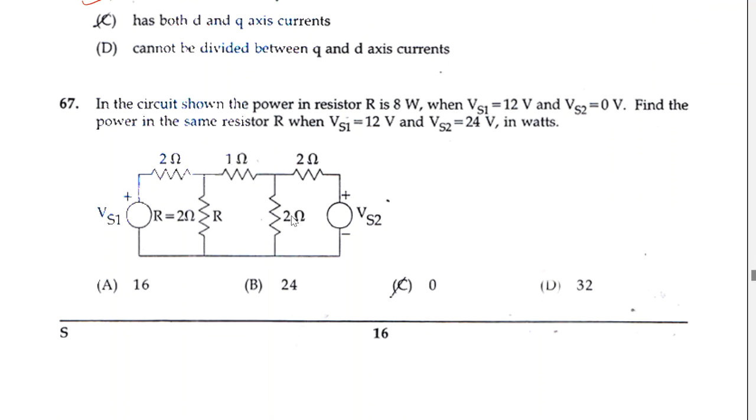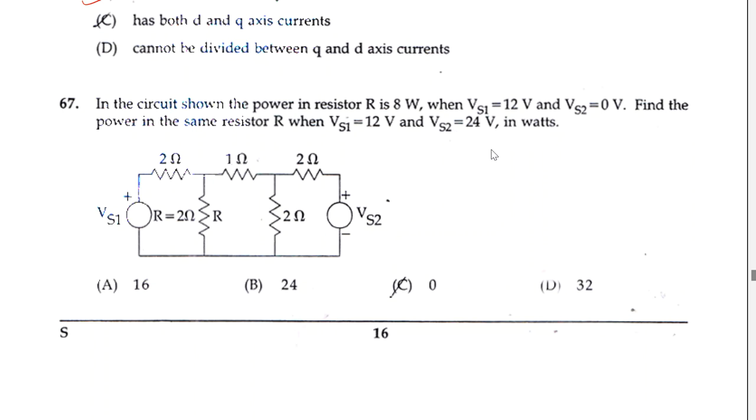Next question. In the circuit shown, the power in the resistor R is 8 watts when Vs1 is equal to 12 volts and Vs2 is equal to 0 volts. Find the power in the same resistor, in watts, when Vs1 is equal to 12 volts and Vs2 is equal to 24 volts.